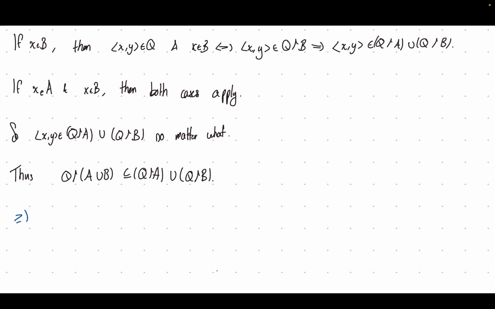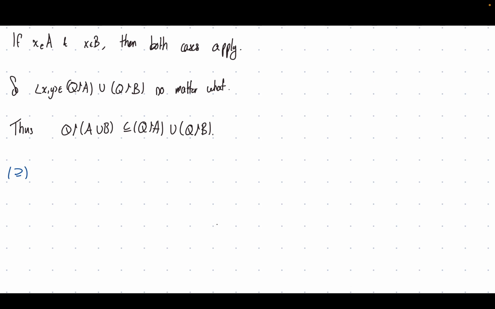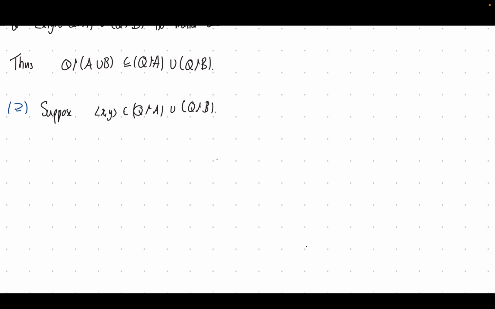Now let's do the final part of this exercise. And I'm running out of time. Let's suppose x, y is in Q restricted to A union Q restricted to B. Then again x, y is in Q restricted to A, or x, y is in Q restricted to B. Or both.